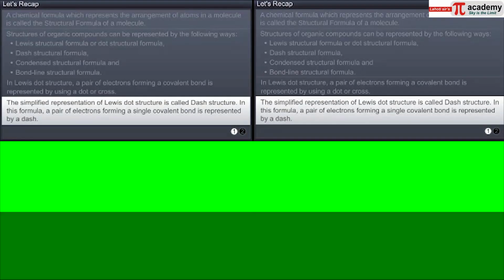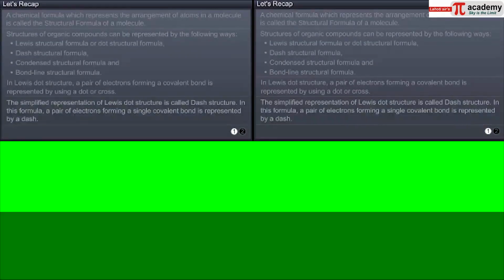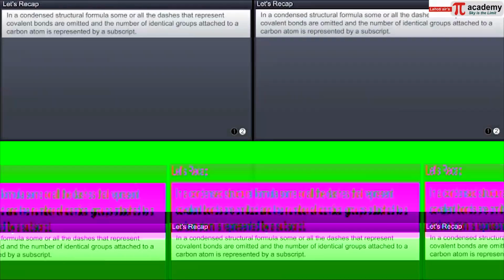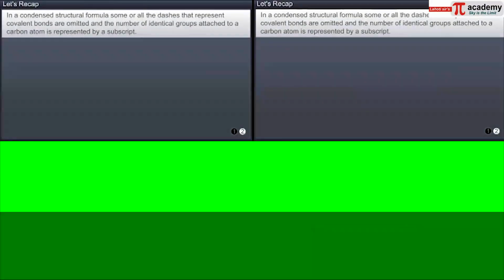In this formula, a pair of electrons forming a single covalent bond is represented by a dash. In a condensed structural formula, some or all the dashes that represent covalent bonds are omitted, and the number of identical groups attached to a carbon atom is represented by a subscript.